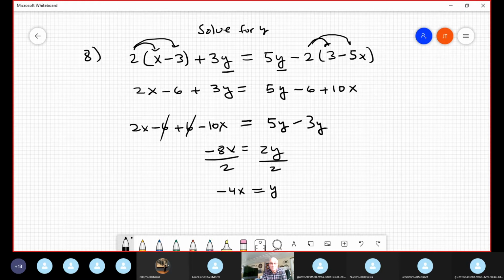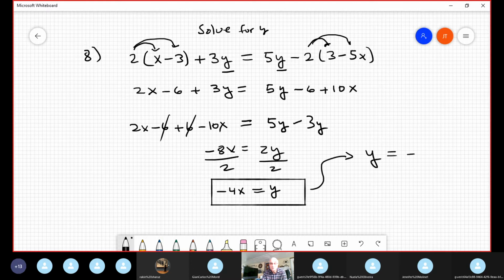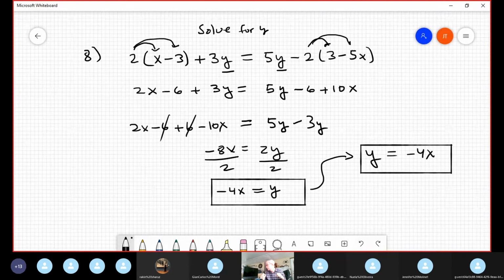Y equals negative 4x. End of the story. Noela, if you like that way, negative 4x equals y. It's the same. Remember, in the equation, everything is interchangeable.